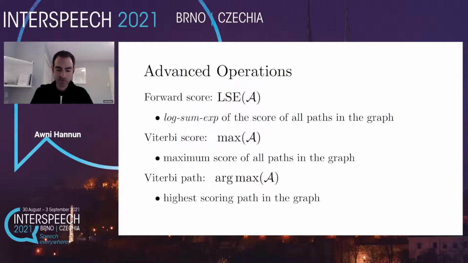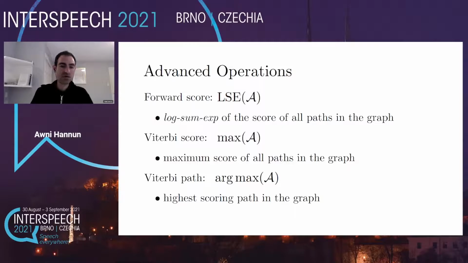Specifically, the forward score of a graph is represented as this LSE, log sum exp, of the input graph. What it's actually doing, though it's not how it computes this in practice, is delineating all possible paths accepted by the input graph, computing the score of each of those paths, and then accumulating those scores with the log sum exp operation.